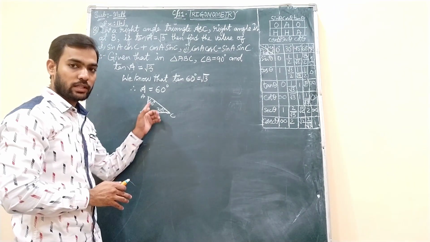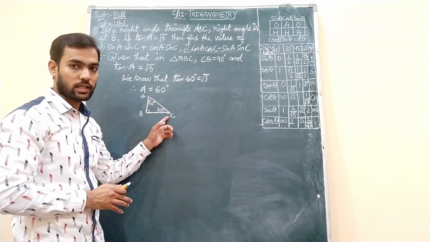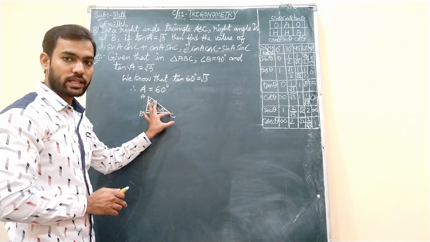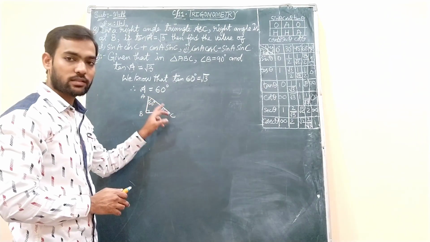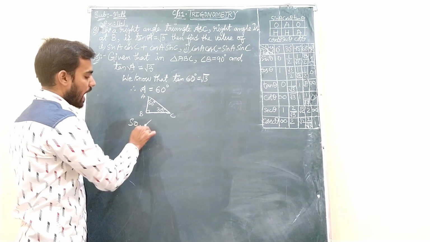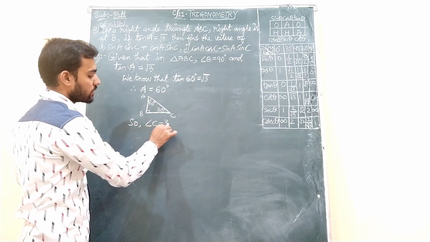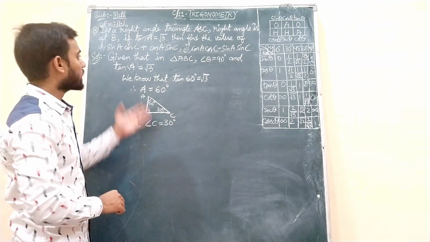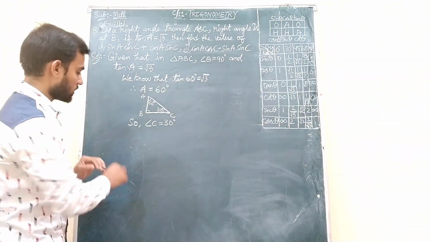This is 90, this is 60, this is 30. Understand? So if one angle is 90 degree, the remaining two angles sum should be 90 degree. One is 60 means another is 30 degree. So we got here angle C is equal to 30 degree. Understand, students? Now we can proceed for our expressions.